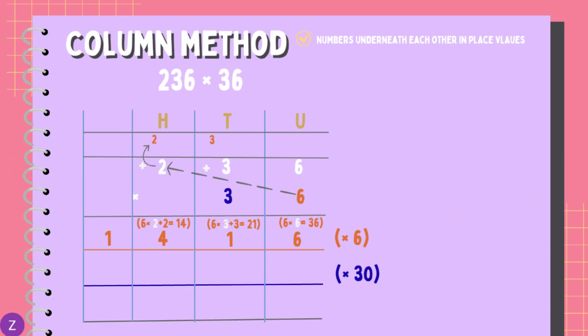Now we move over to the 30. Before we move over to the 30, we must first cancel out our carry numbers because the times 30 carry numbers might not be the same. So now we take the 0. Whenever we multiply with a 0, you can just put the 0 at the back of the number where you are going to write the answer.